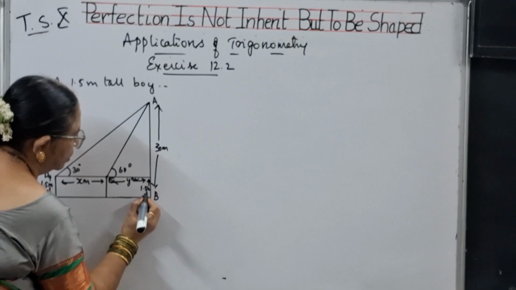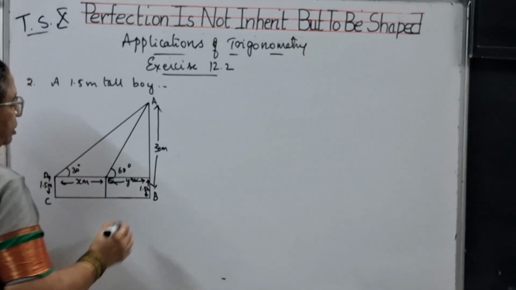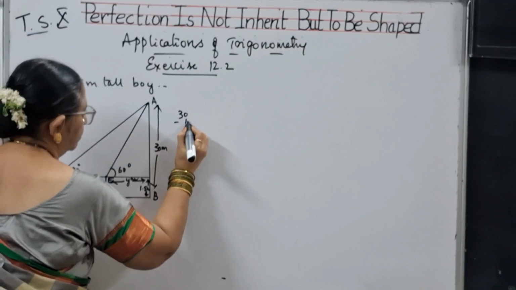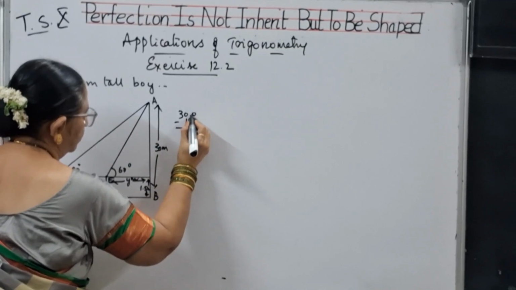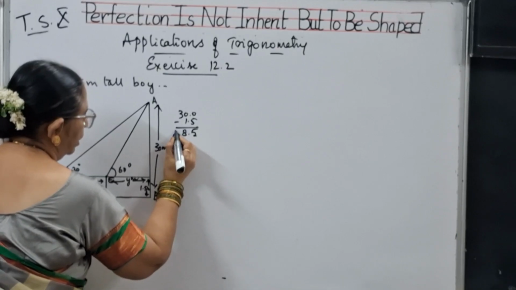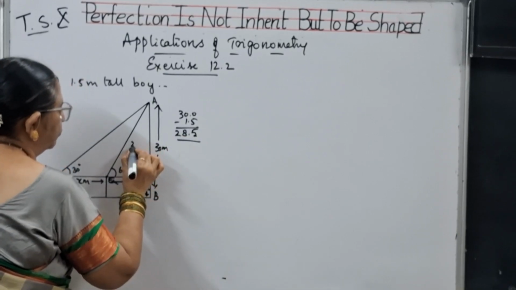If this is 1.5 meters, what is this? This is 30 minus 1.5, which is 28.5.